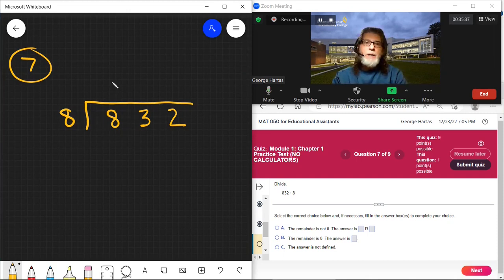You put that 1 right over the 8. So then what you do next is you multiply. You multiply this number you put up here, the quotient, with the divisor. 1 times 8 is 8. Put that 8 right below this one. When you have two numbers over each other, you subtract.